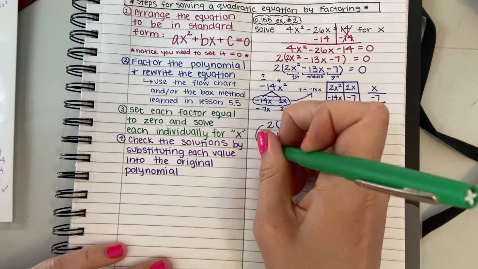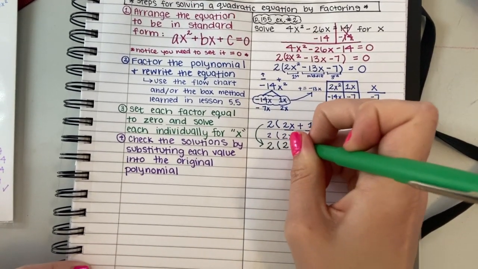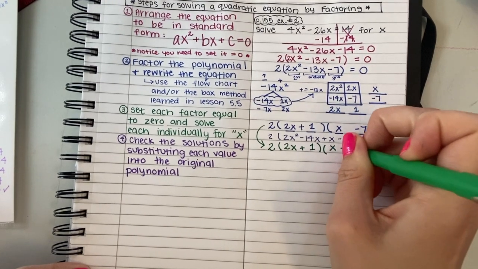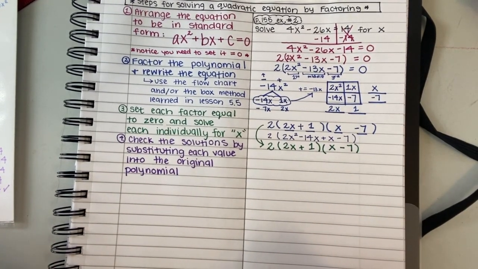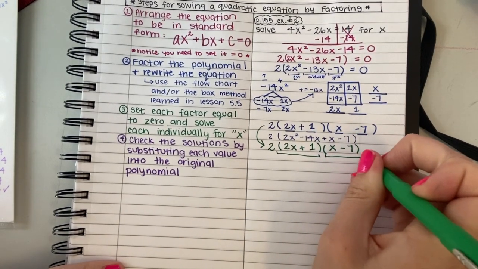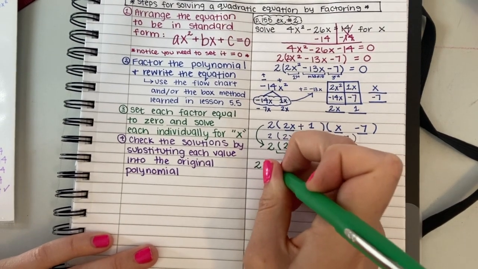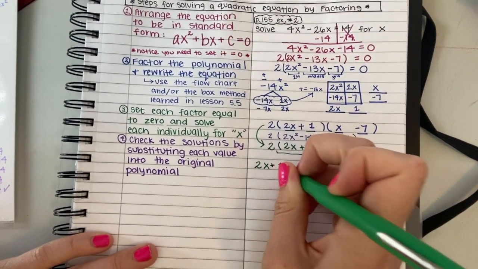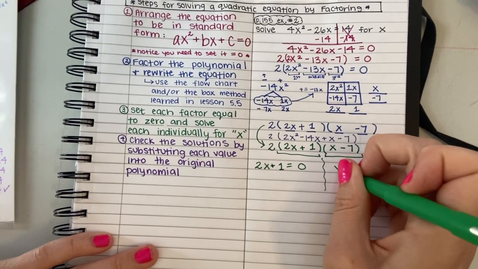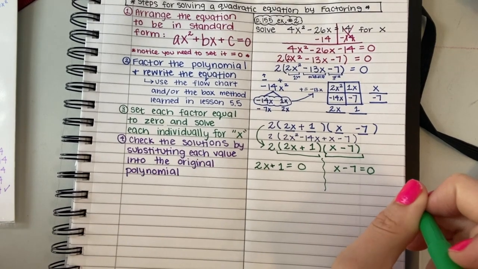I've got 2, which actually just can go away in this case. 2x plus 1, x minus 7. So what I'm going to do is each of my factors, each group of parentheses needs to be individually set equal to 0.